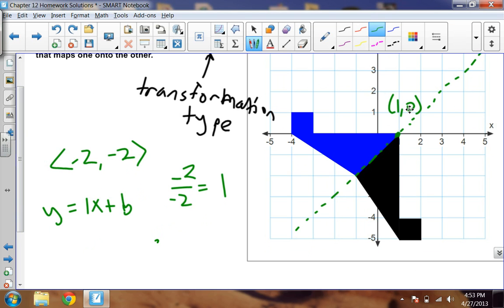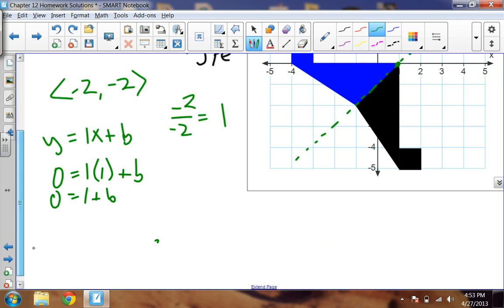I can pick that point, plug in 0 for y and 1 for x into this equation, and solve for b. And I'll get 0 equals 1 times 1 plus b. 0 is 1 plus b. Subtract 1 from both sides, I get b equals -1. So my equation of my axis of symmetry is y equals 1x, or x, minus 1 plus b. b is -1, minus 1.